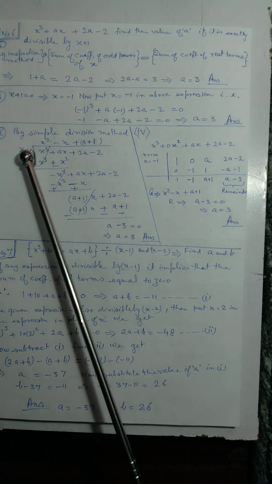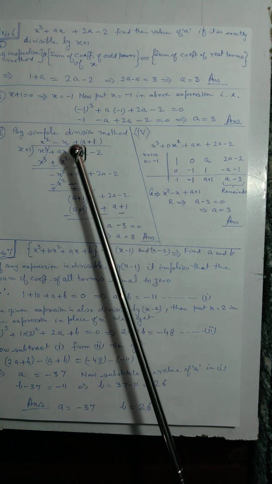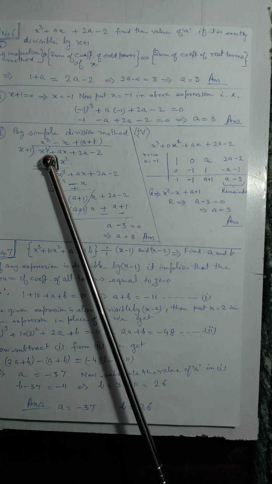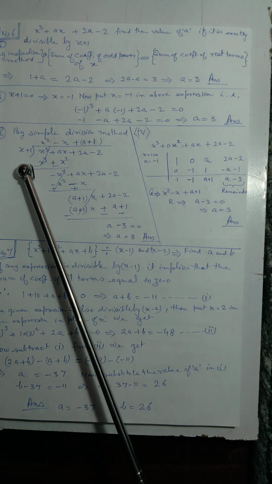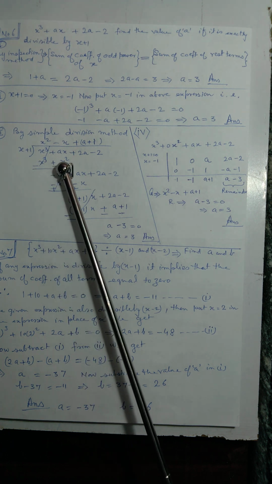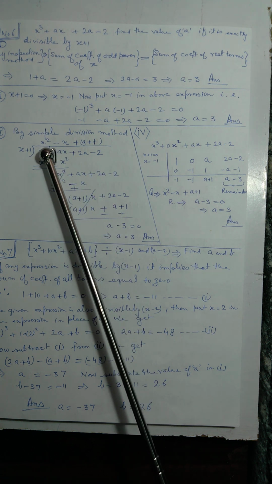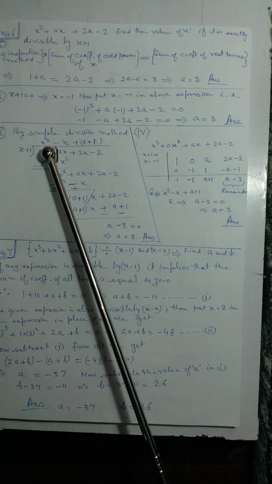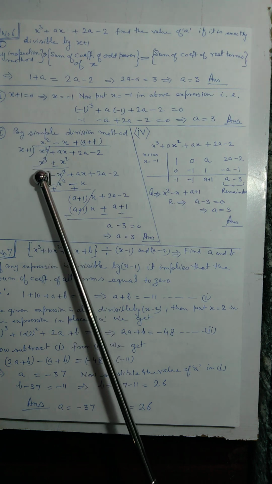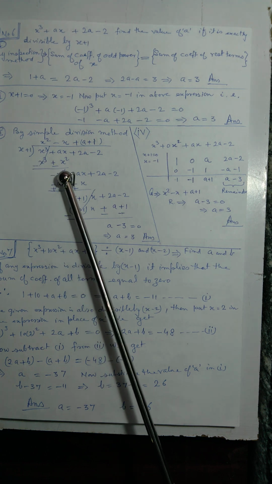Now the third method, by simple division method. As you are very much familiar from your 6th and 7th class, you see x plus 1 is the divisor and the dividend is x cube plus ax plus 2a minus 2. So divide it. Take x square as a quotient, multiply by x, you will get x cube. Again x square will be multiplied to plus 1, you will get x square.